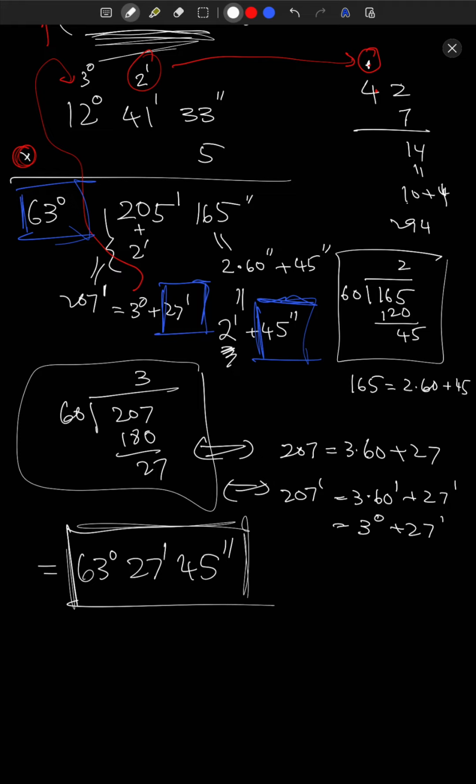So again, the way I did this was kind of long. I did these divisions over here, and I reinterpreted the division very carefully so that I knew to carry the 3 degrees. I think it's probably a good idea, especially when you're not as comfortable with working in this kind of base 60 arithmetic, to work carefully like this, to write everything out very carefully so that you can see exactly what you're doing.